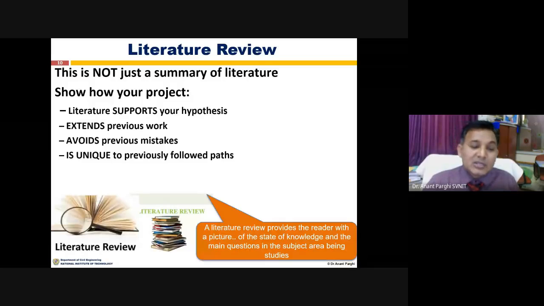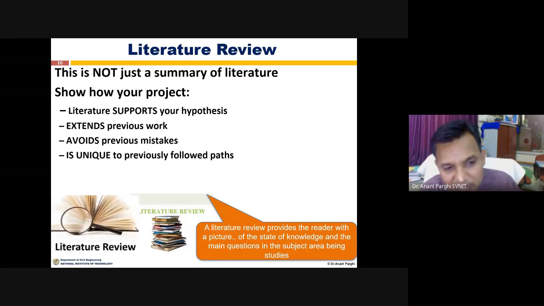Here, avoid the previous mistakes also. Once you read that research proposal or thesis, you will understand that we should not make that kind of mistake in our proposal. Your proposal should be unique compared to the previously followed path.